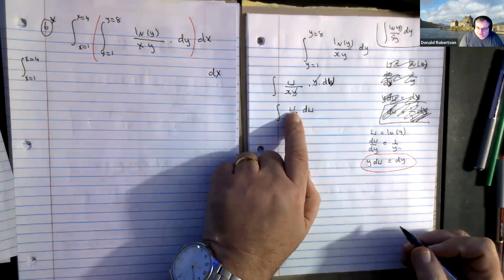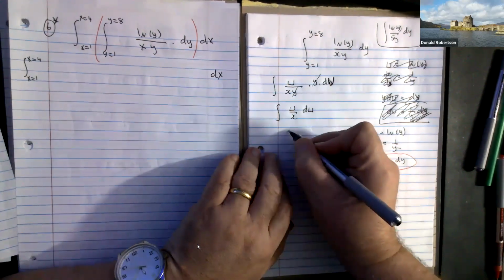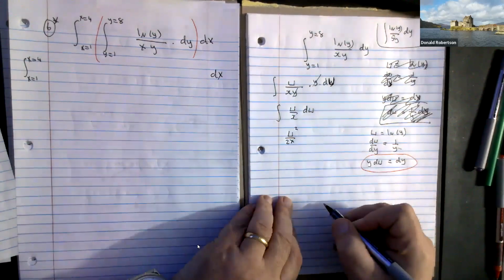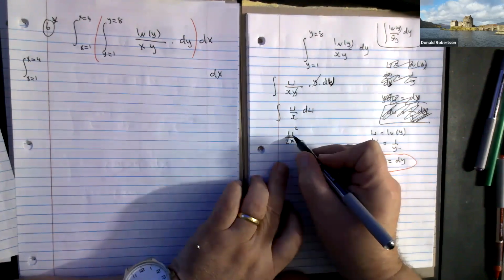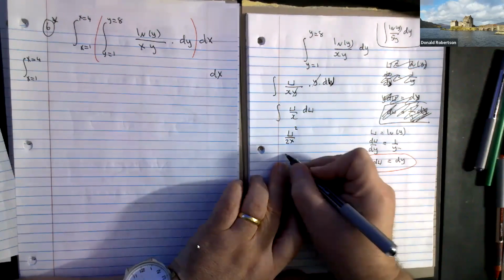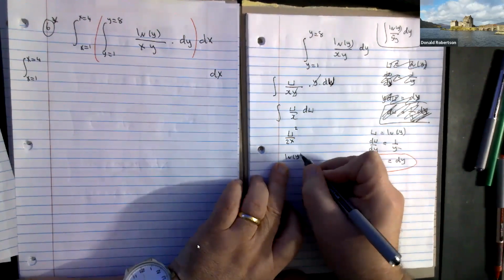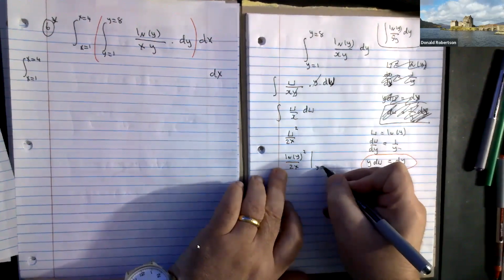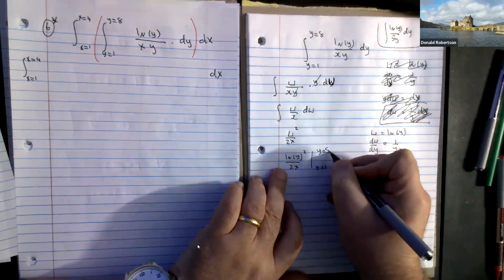So u there is basically just a power rule. I'll add 1 to the power and divide by the new power. I'll then return the u to log y. So it's the log of y squared over 2x. At this point, I can reintroduce the limits of integration.